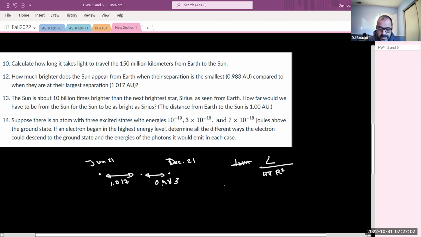And r in this case is the distance. So I'm going to call the smallest distance in December D1. The further distance, I'm going to just call D2. And that is what the radius is. So the sun emits light, and this light is going to go through an entire sphere, not circle.